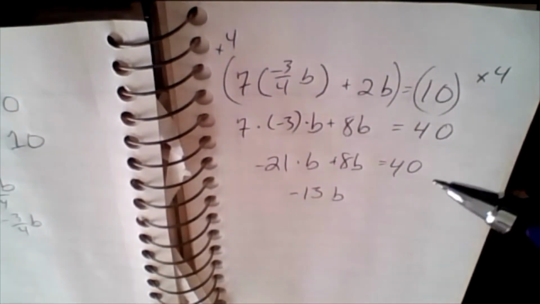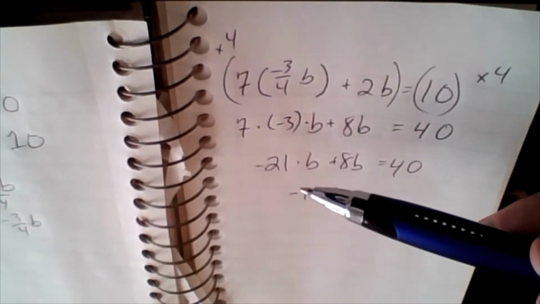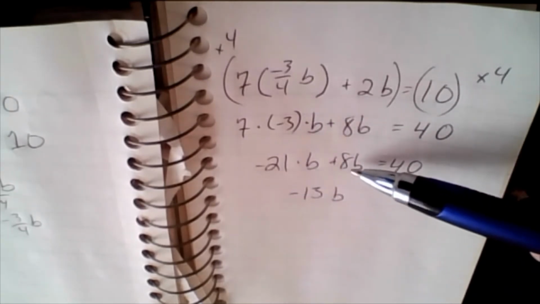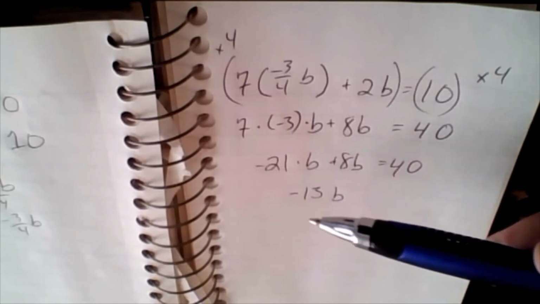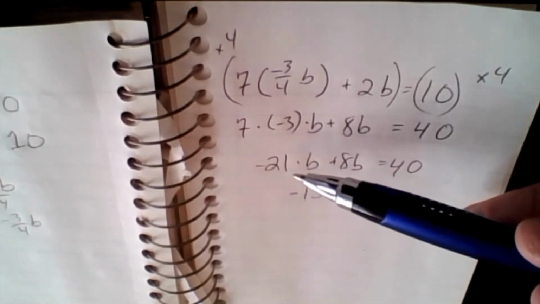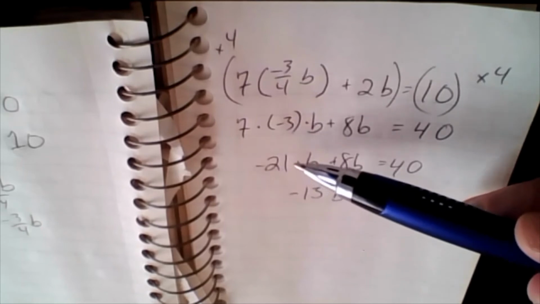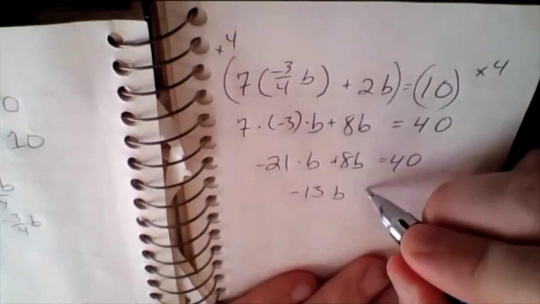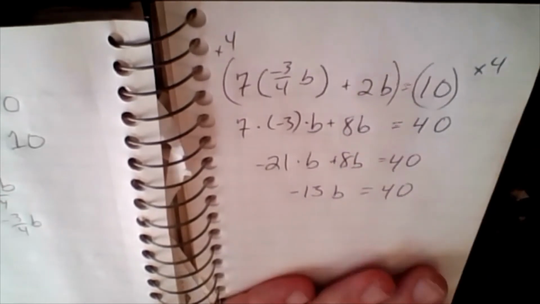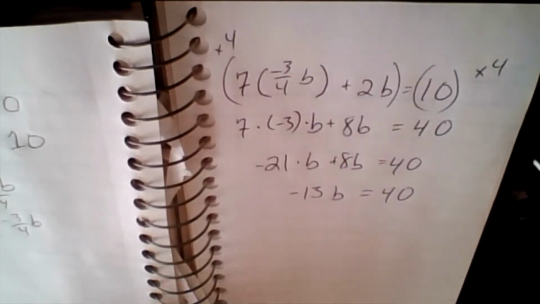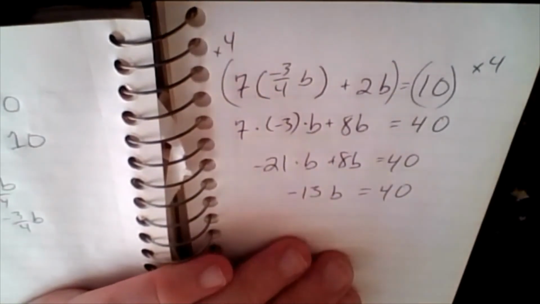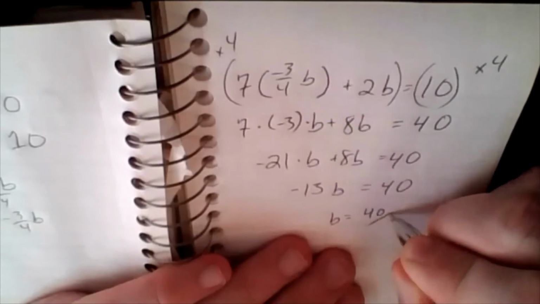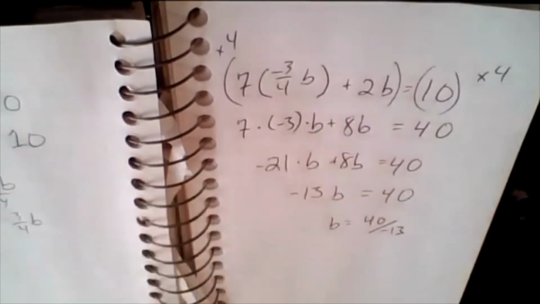Sometimes I have an easier time thinking about these things if I pretend that this is 21 take away 8, and remembering that my answer is supposed to be negative because the negative number is the larger magnitude that I'm working with. So the formula I get is that negative 13 times b equals 40, or that b equals 40 divided by negative 13.